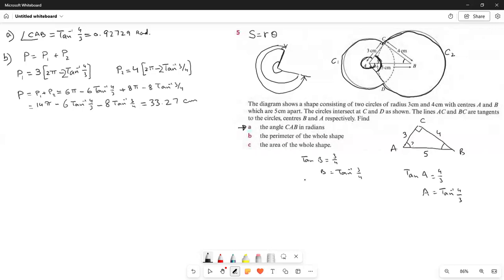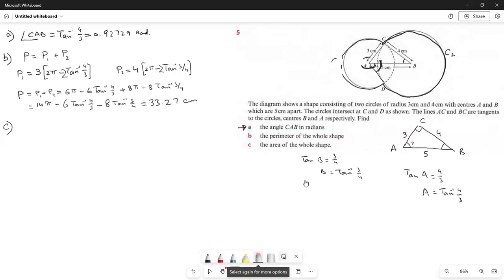Okay, now I will go to part C, which is the area of the whole shape. Let me erase the unnecessary things here, and let me warn you that area calculation is quite complicated, or at least this is what I have realized.